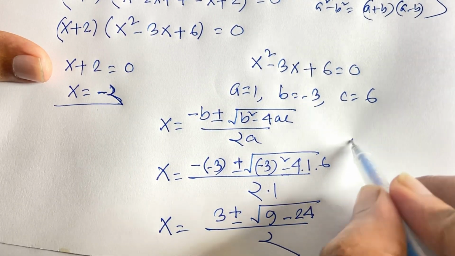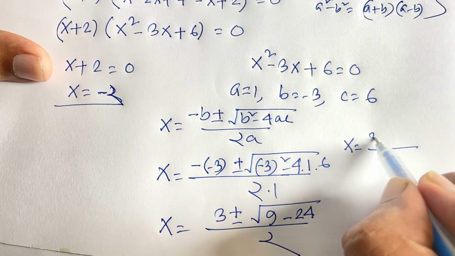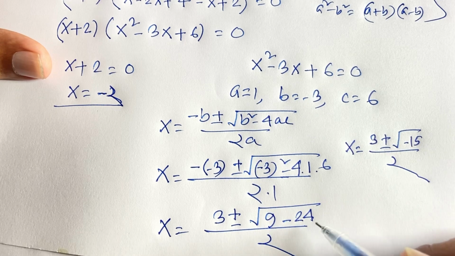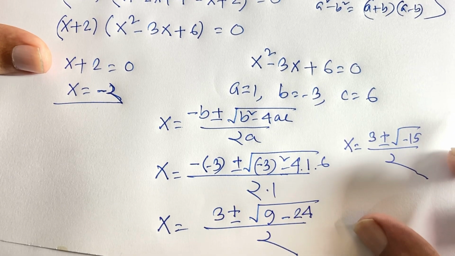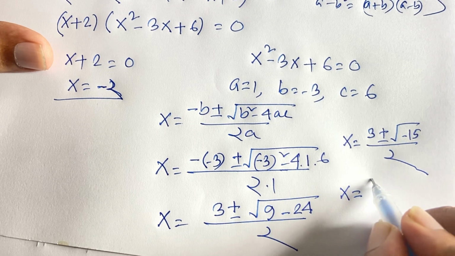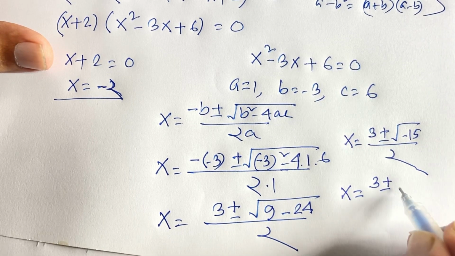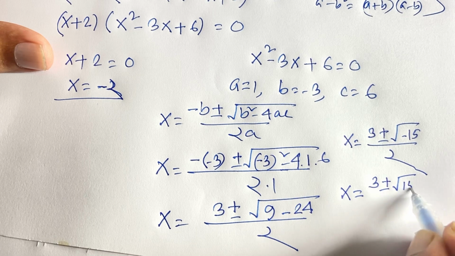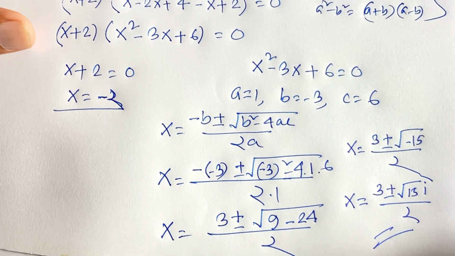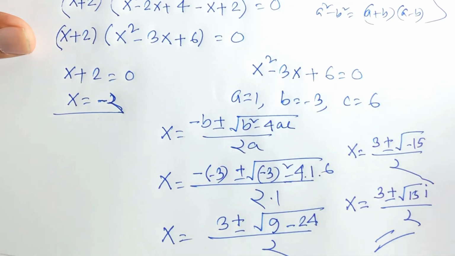So x is equal to 3 plus or minus square root of minus 15 over 2. 9 minus 24 will be minus 15. Then x is equal to 3 plus or minus square root 15 i over 2. This is our imaginary part and this is our real part, x is equal to 2.